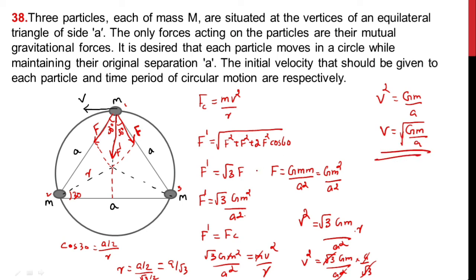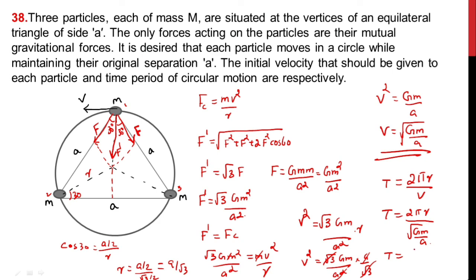Now it is asking for the time period of circular motion. We already know time period T is equal to distance divided by velocity, where the distance in circular motion is 2 pi r. That is, time period is equal to 2 pi r divided by v. V is given as root of G m divided by A. Also substitute r is equal to A by root 3.